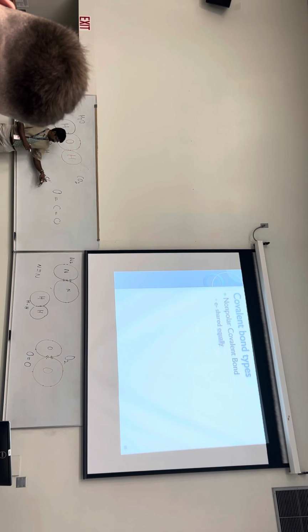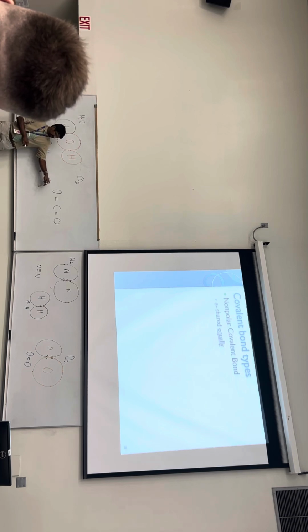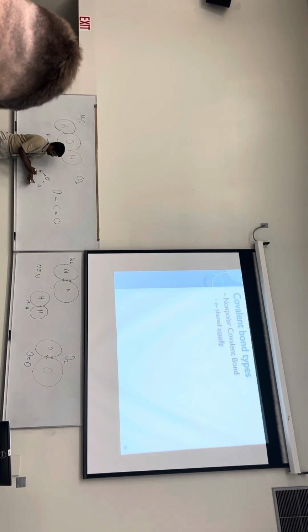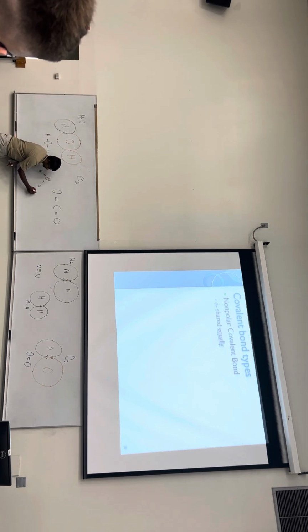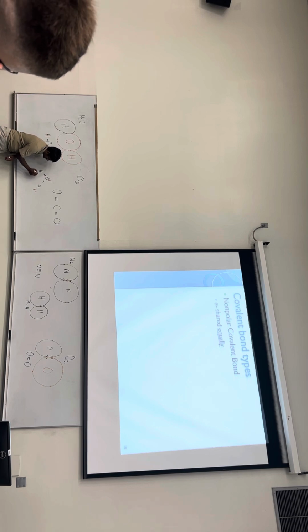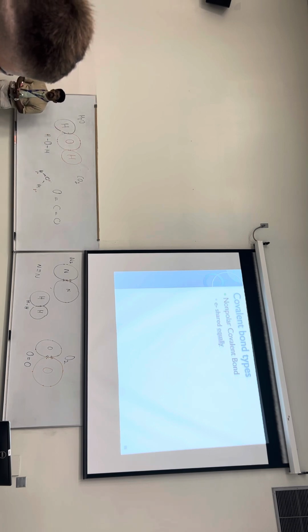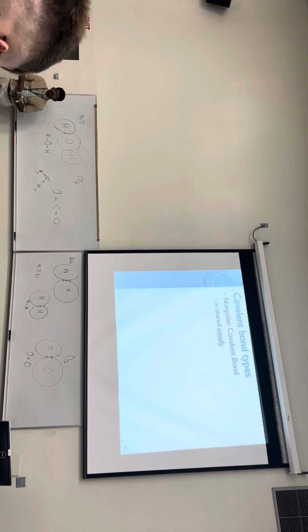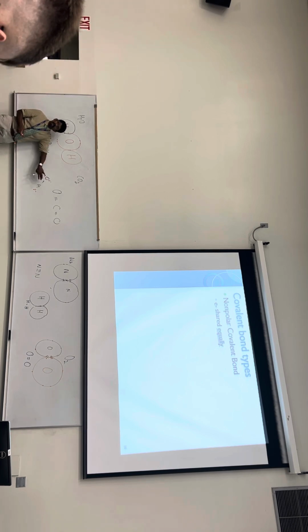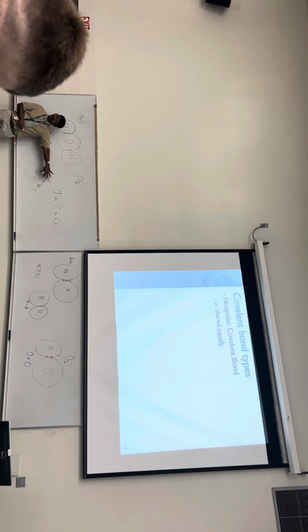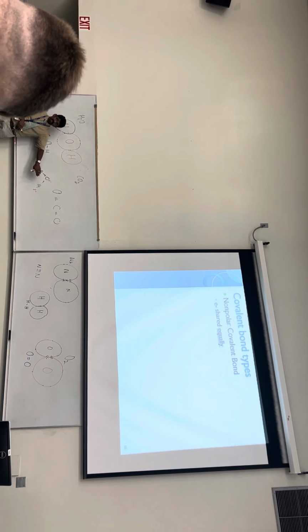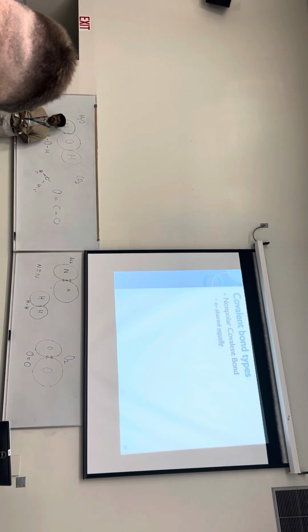Negative. We use the delta sign, the green sign, just to show partial negative. It's not fully negative, right? Now these sides will be partially positive. So this is a polar molecule. Understand polar molecules and know water to be a polar molecule.